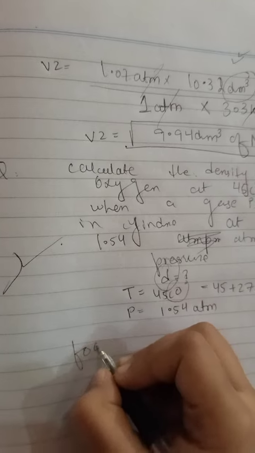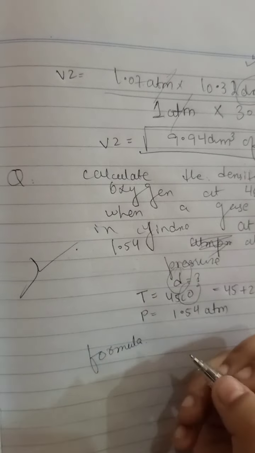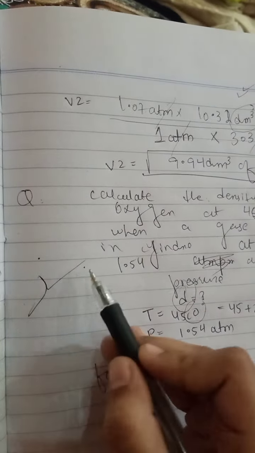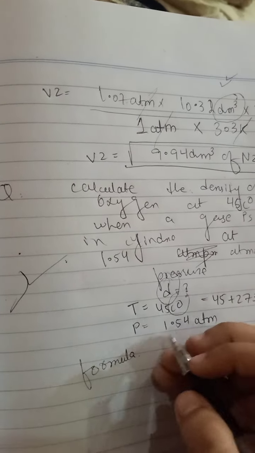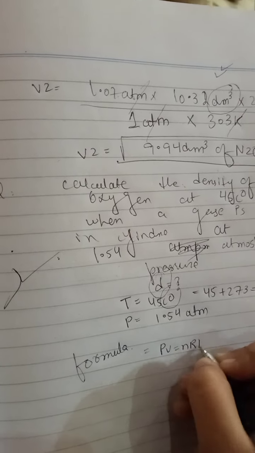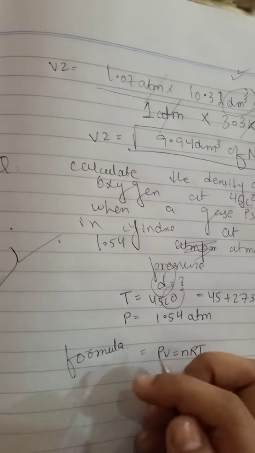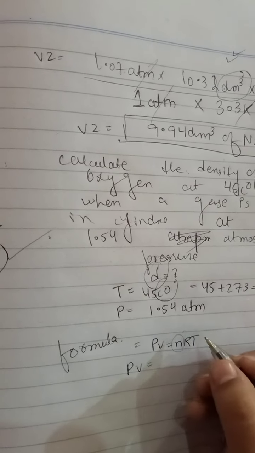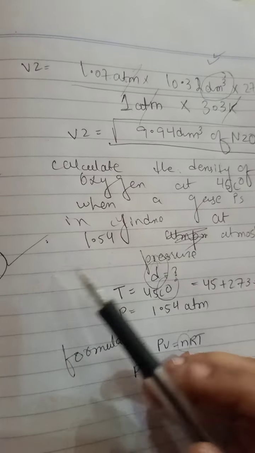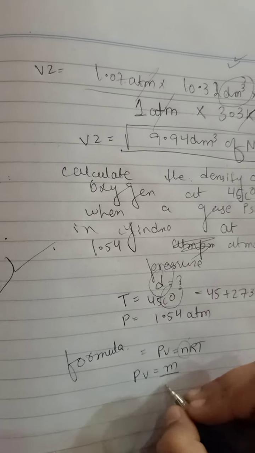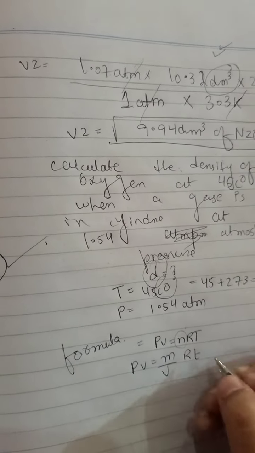So first of all, we calculate the density and the mass with the help of the equation PV is equal to nRT. We have to find the density, and here we have the number of moles, n, so we put in the density formula, that is M upon V, RT.